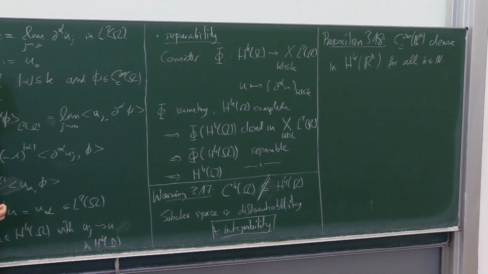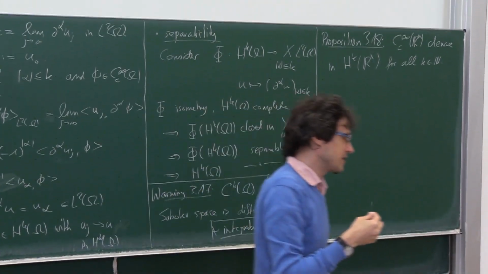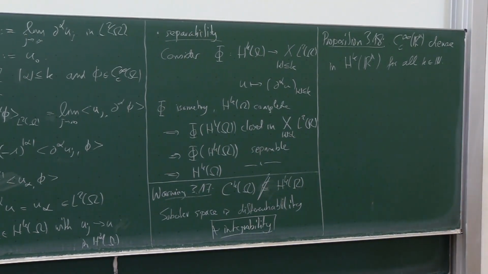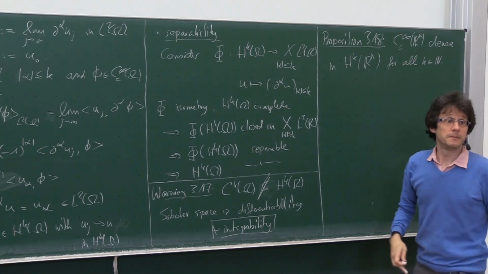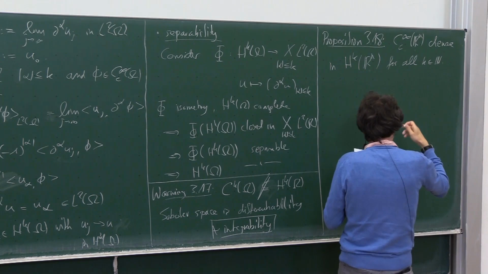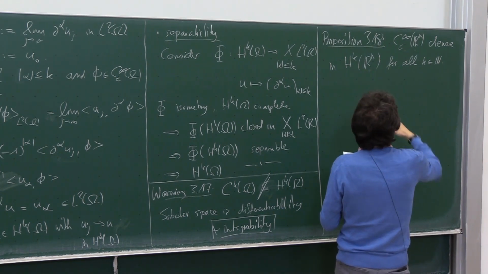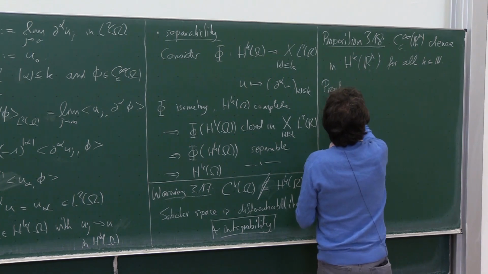And we will also see later that as soon as you have, for instance, a bounded set Omega here, this will never be dense. So this proposition is really linked to the whole space.